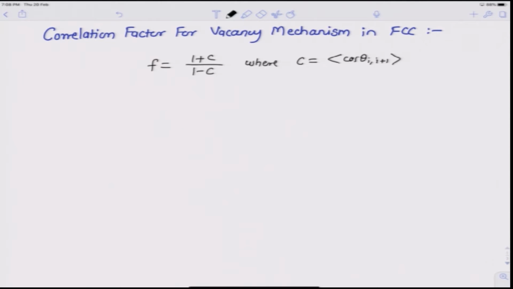In order to look into the jumps of a tagged atom in FCC, let us try to draw the FCC lattice in a little bit different way, just because it is more convenient from our perspective.